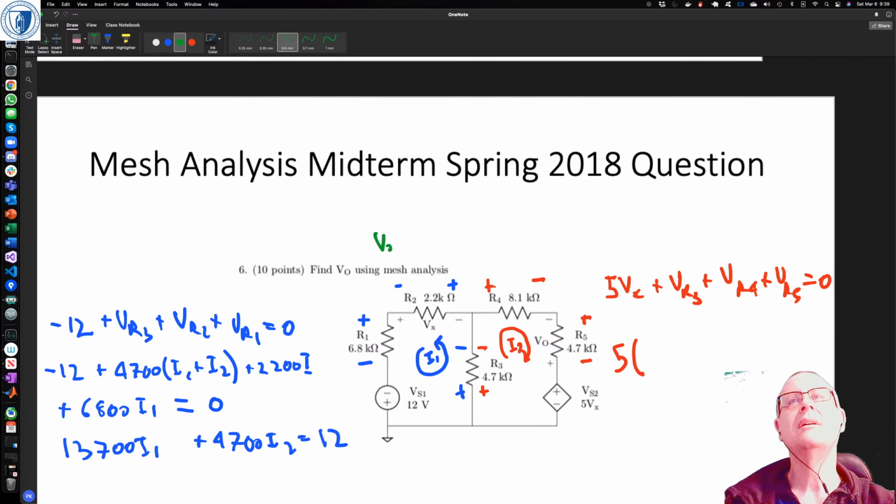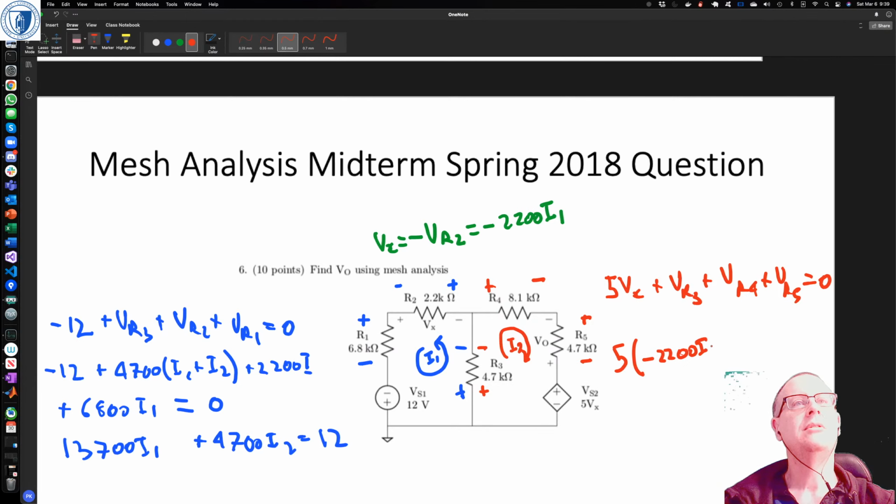Vx is now equal to minus VR2, right? Which is equal to minus 2200 I1. You've got to be very careful with polarities once you start ignoring or having to ignore the marked polarities on the circuit. Okay, so there's the first one.